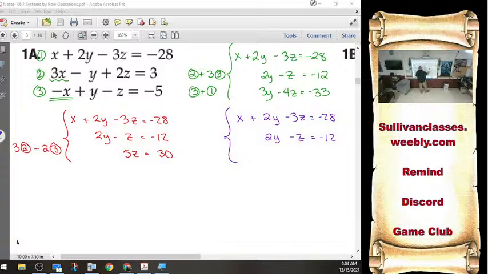And you're going to take this row times 2 right now. Or maybe even times a negative 2. So this is a negative 6y. This is a positive 8z. This is a positive 66.